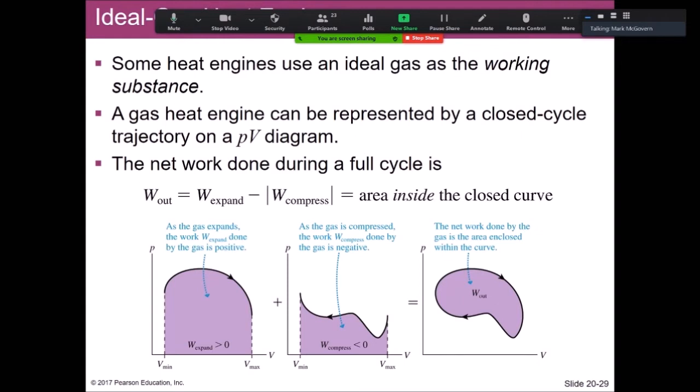So ultimately, whatever it is, we're always going to talk about closed cycles, cyclic processes, and the work can be computed in a lot of different ways, but if you really know a lot of details about your process, then you can find your work from your PV diagrams.